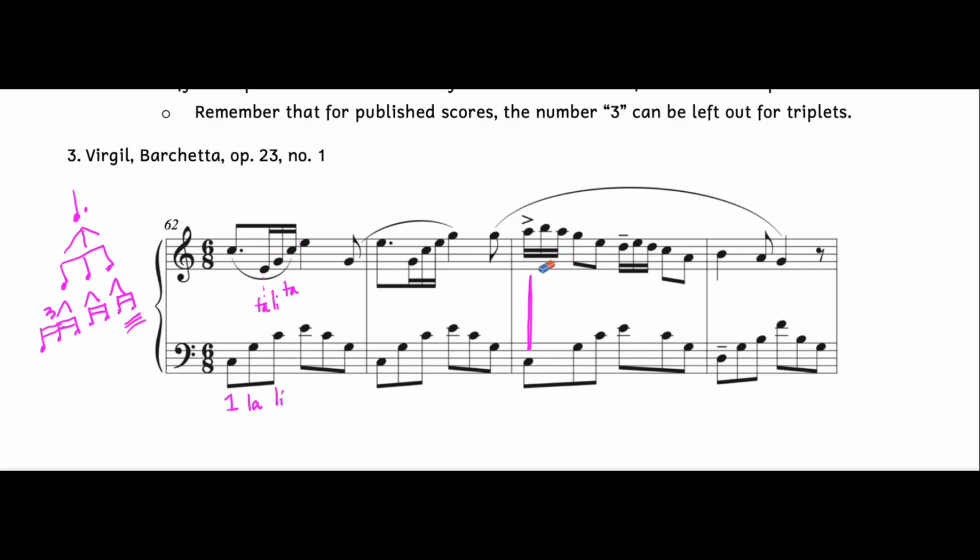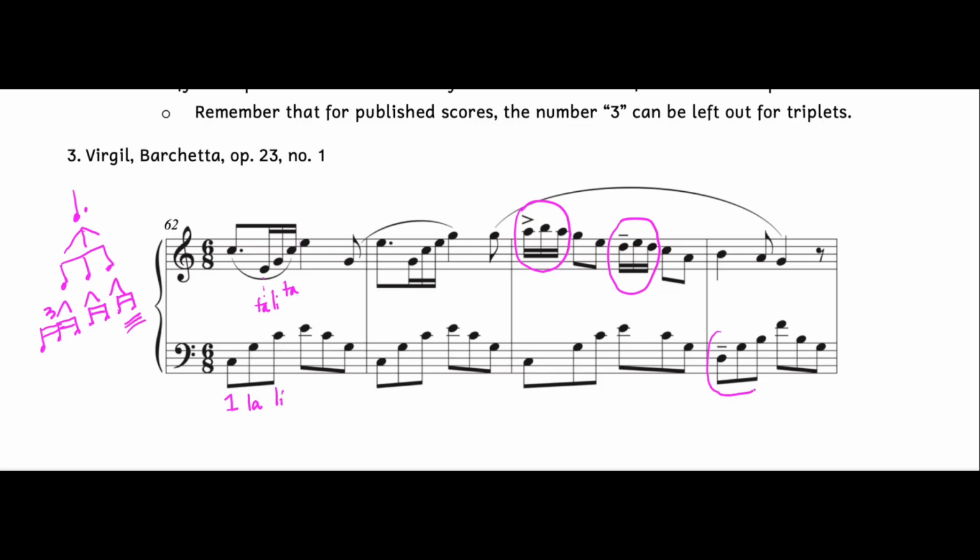So it doesn't say the number 3 because this is a published score, but musicians should know that this is actually a triplet. Whoops, why did I write 3 there? So there usually would be a 3 here, but the 3 is not always written. So this is a triplet, and this is a triplet, and that's it.